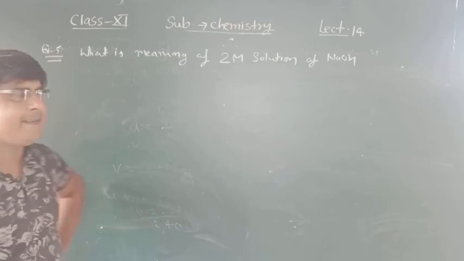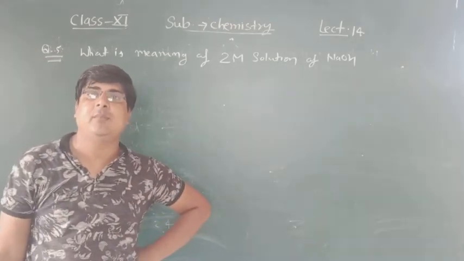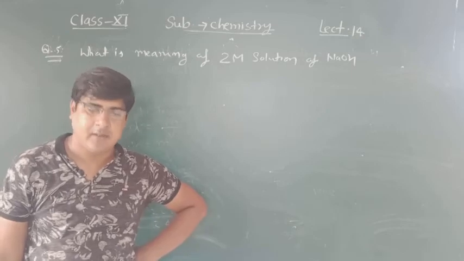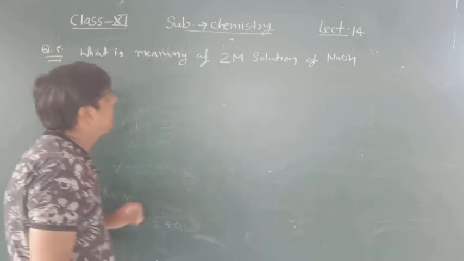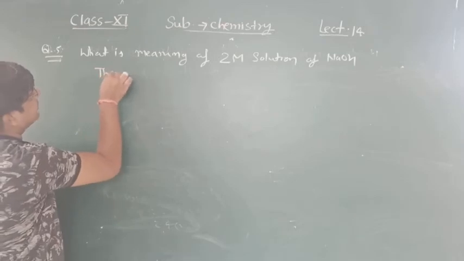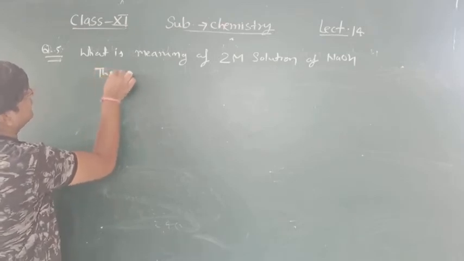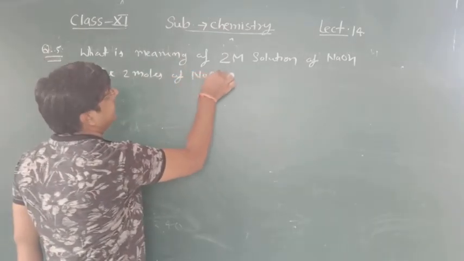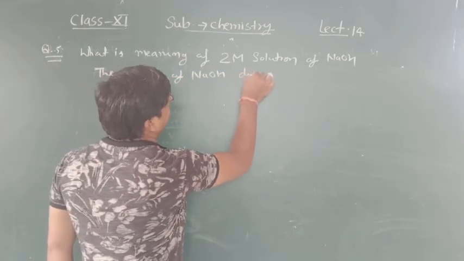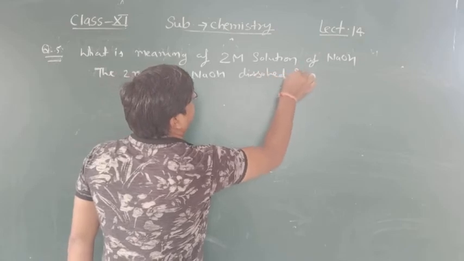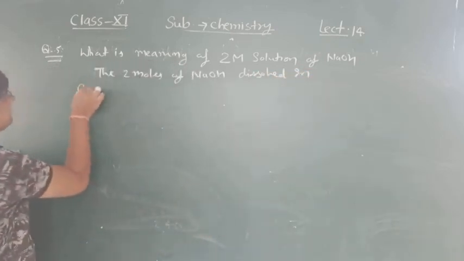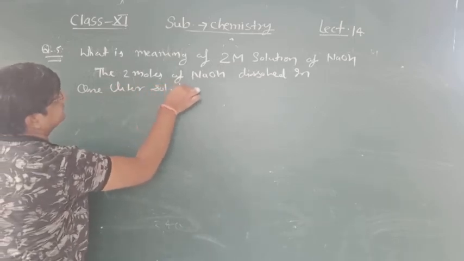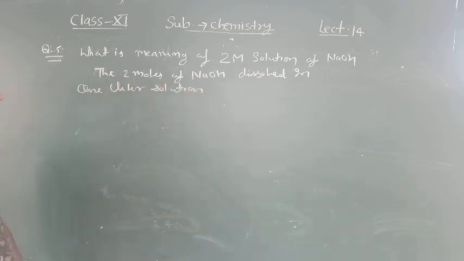What is the meaning of this 2 molar? 2 molar means molarity is given and molarity is calculated in 1 liter. It means 2 moles of NaOH dissolved in 1 liter solution. That is also very important to know.